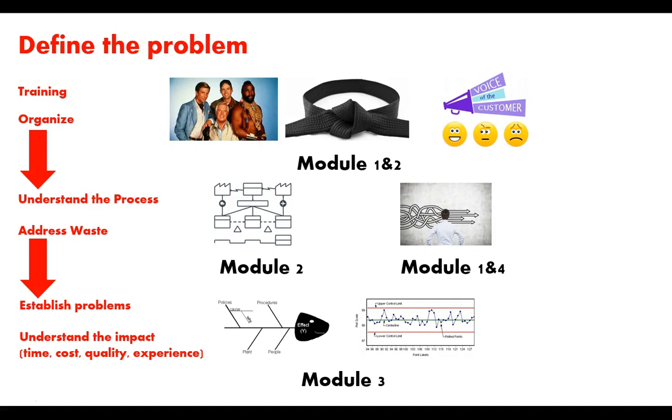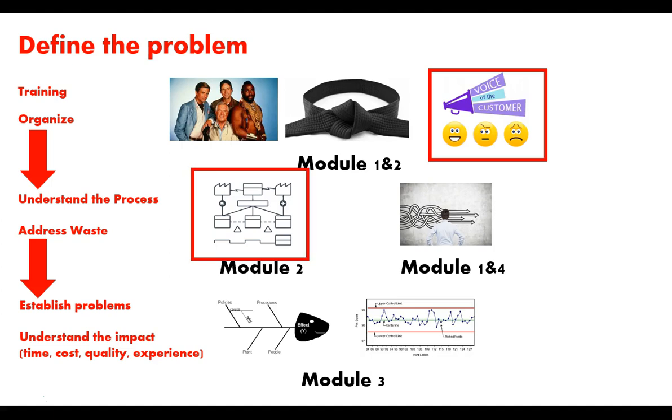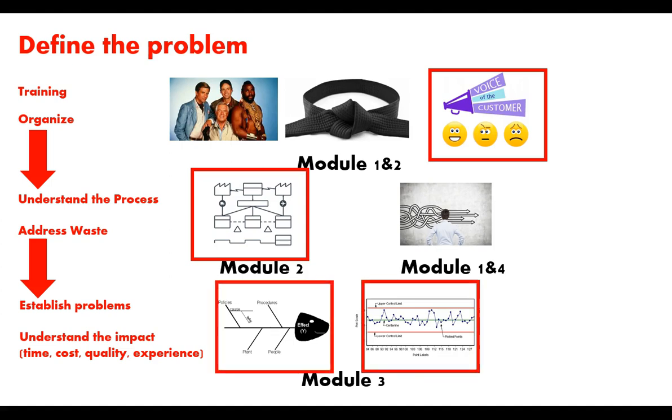Now, keep in mind what Lean Six Sigma is. It's a data-driven process. It's also based to a large degree on the voice of the customer. You have to understand the basic fundamental process in front of you. In other words, you need to understand the current state of where you are through a value stream map, and then you need some way to actually figure out which problems you're going to address and how big of a problem they are, which comes down to how you actually prioritize them.